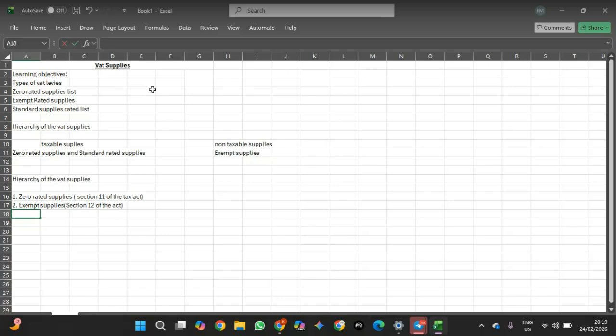So once you've got all of those 3, always ask yourself, is it this first, then this second, and lastly, if it's none of these 2, then it will most likely be this. And there's not even a lot of items that fall into the zero rated supply. So let's go into the zero rated supplies list.